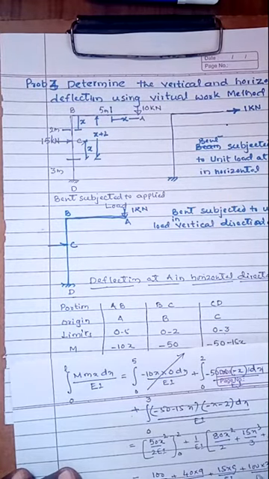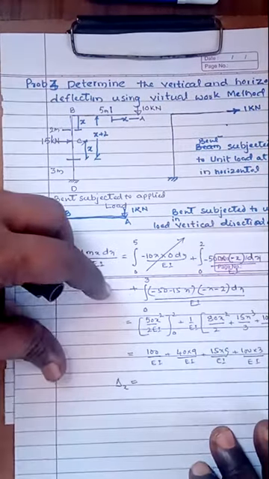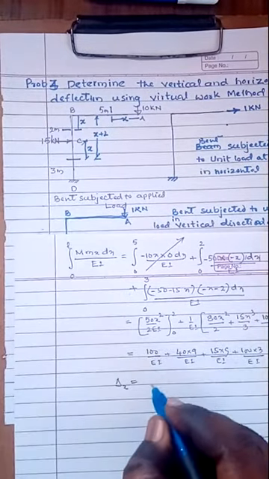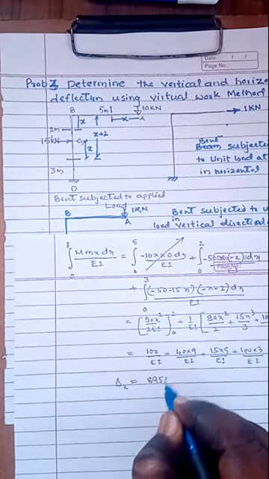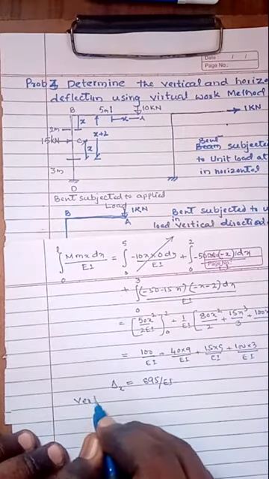Simplifying, delta x, the horizontal deflection at A, is 895 by EI.